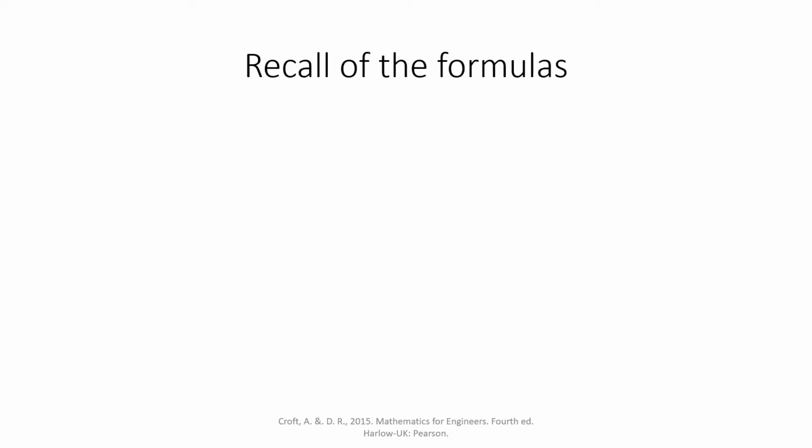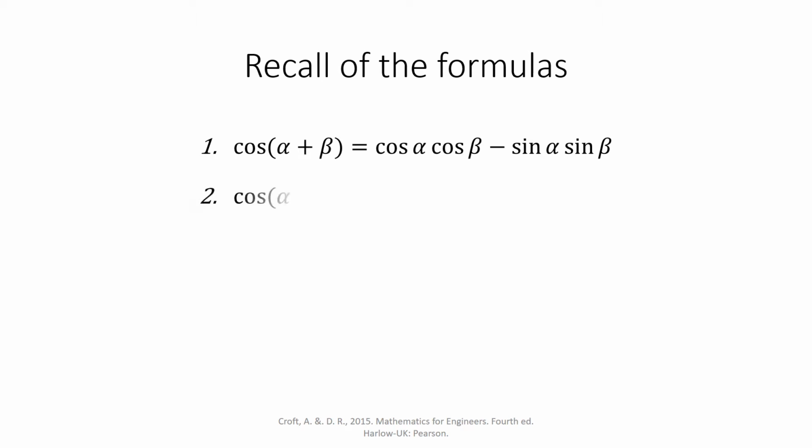Before we get into the solutions, I would quickly recall the trigonometric identities. Cosine of alpha plus beta equals cosine of alpha cosine of beta minus sine of alpha sine of beta.